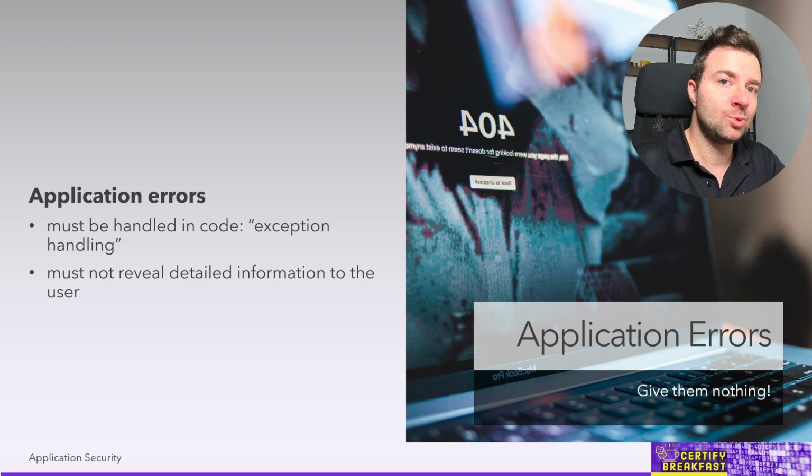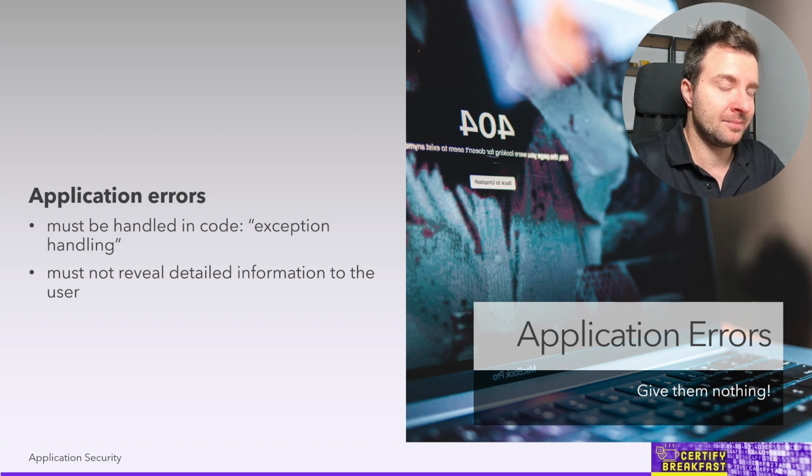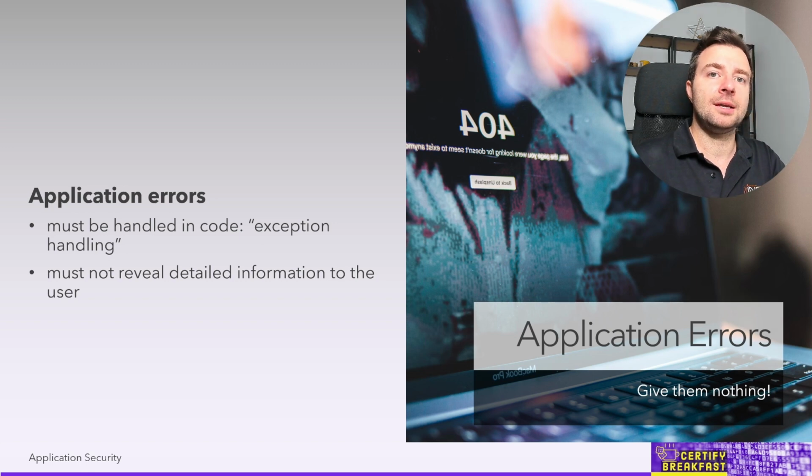Application errors will happen, so we're not here talking about how to avoid these errors from happening altogether, but how do we handle those when they happen. Now, during the software development of a software product, it is expected to generate as much information in your errors in order to help with debugging and help with troubleshooting.